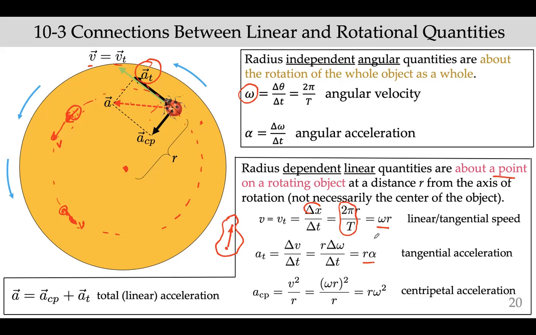If angular acceleration, which is here, is 0. When is it 0? When the change of angular speed with respect to time is 0, that means this is rotating with constant angular speed. So that angular speed is not changing. In that case, alpha is 0. Then a tangential is also 0.